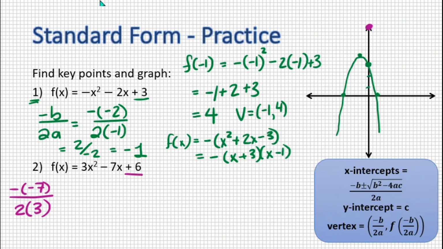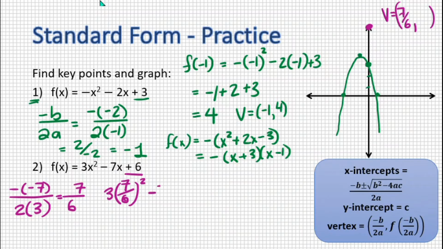This is looking like it's going to be gross again, so be it. We get 7 over 6 for the x. So I know that the vertex for this one will be 7 over 6, slightly more than 1, comma something. I'm going to sub it back into the equation to find the y value of the vertex, pardon me.